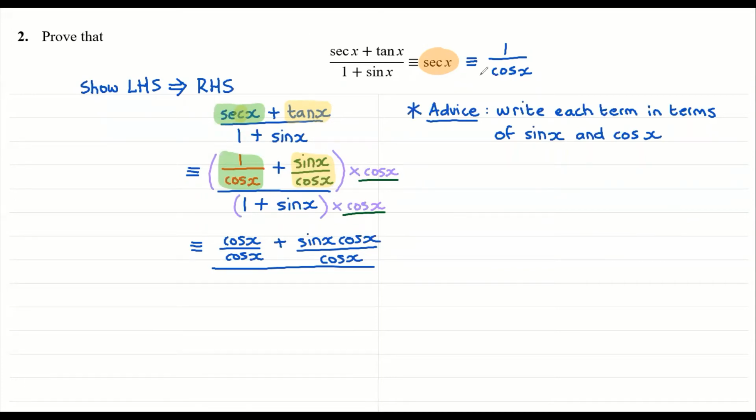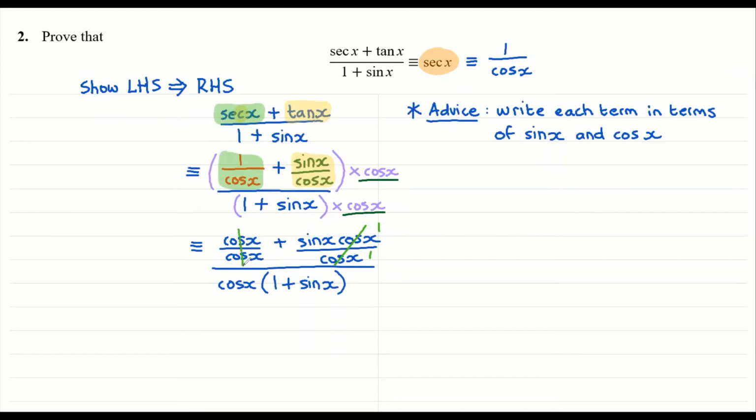All right, so in the denominator, I'll leave the cos x on the outside, I think. So I'll put it here. So we're going to have cos x multiplying 1 plus sine x, like that. Now it looks like we have some cancellation we can take advantage of. The cos x is going to cancel, so that's going to be 1 and 1.